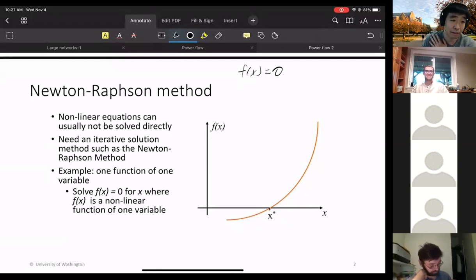Also, when you solve a nonlinear equation, nothing guarantees that there is a solution or a unique solution. Unlike systems of linear equations, where we have a very well-developed theory of the uniqueness and existence of solutions, for nonlinear equations we don't.